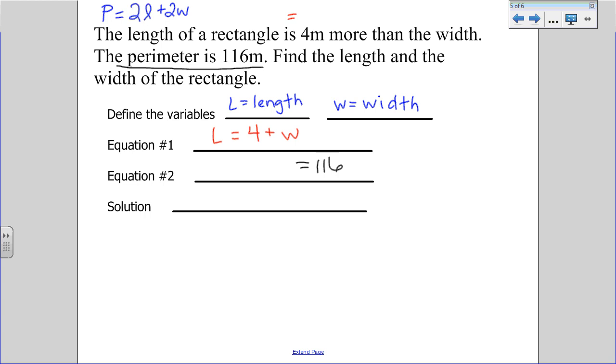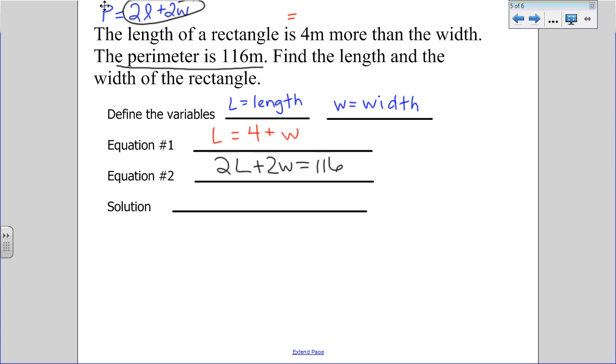So I'm going to take what I know the perimeter is equal to. Perimeter is equal to 2L plus 2W. And so for these rectangle problems, that second equation, ladies and gentlemen, is usually our standard equation. You simply are going to change it to whatever the perimeter is. So they're going to say the perimeter is 12. You write 2L plus 2W equals 12. They're going to say the perimeter is 17. 2L plus 2W is 17.